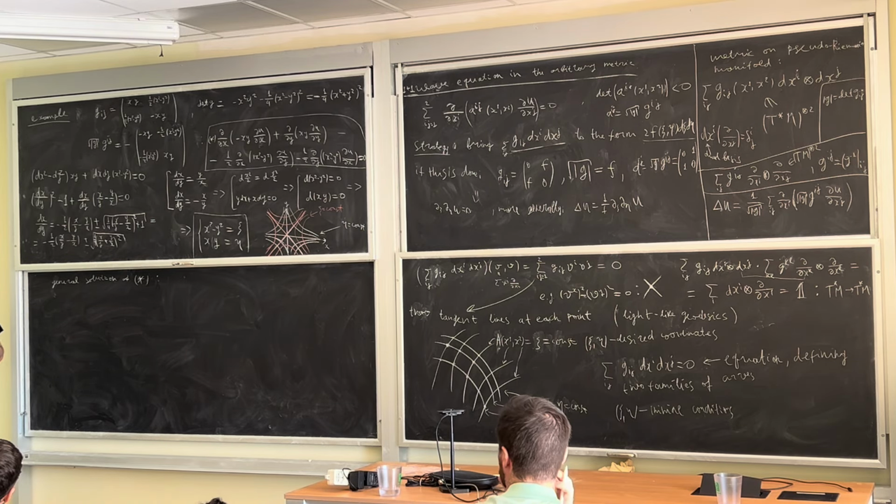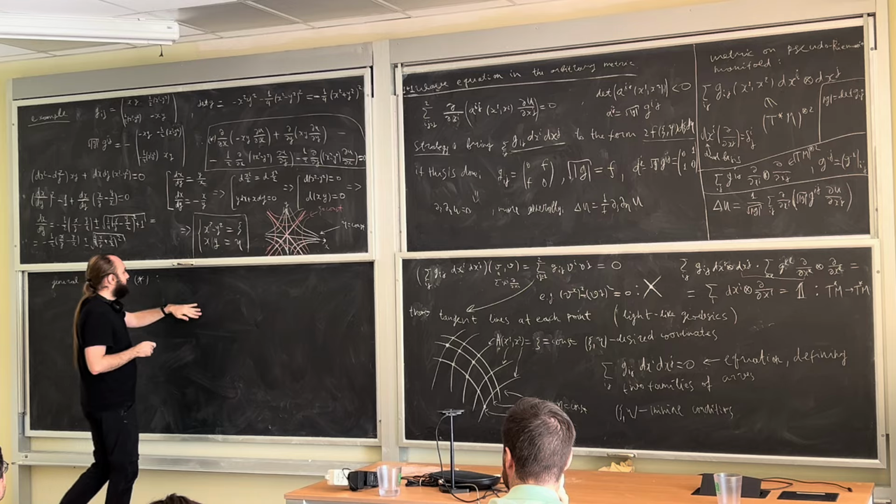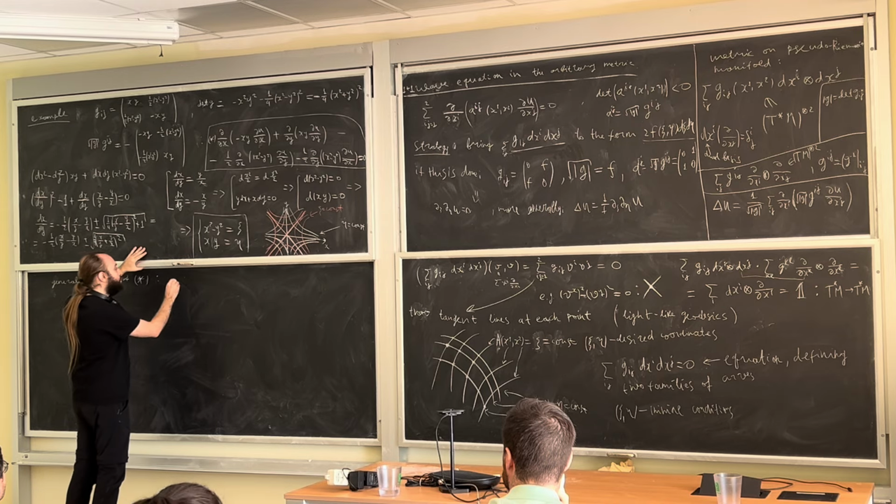So what do you think it is? Or should we just change the variables and then it'll simplify, right? Well, actually, there is nothing to simplify.